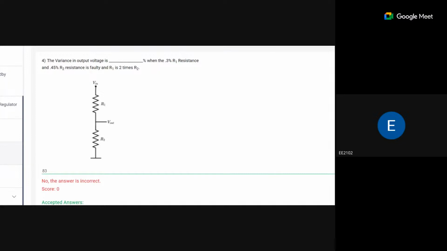Okay, so if you have the faulty resistance, let me take my screen share and explain to you.